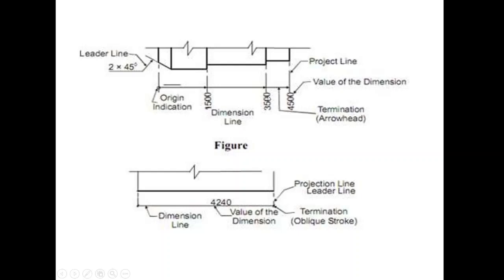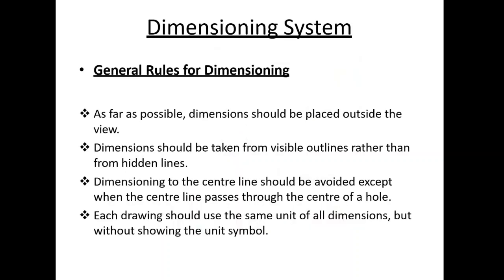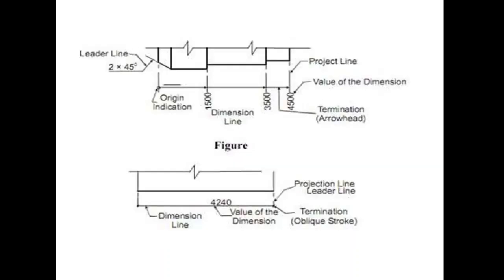It should be in one unit only. It may be mm, meter or centimeter, but only a single unit should be used, but without showing the unit symbols. So we see these are in mm, but here we have not written 1500 mm. So the unit should not be mentioned.